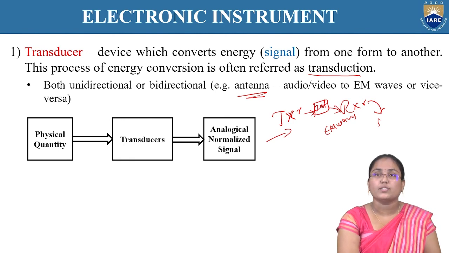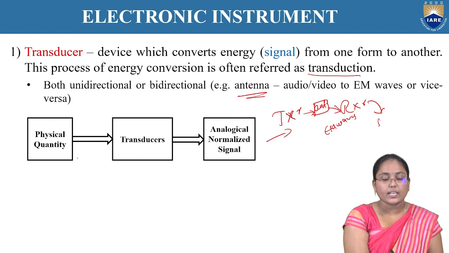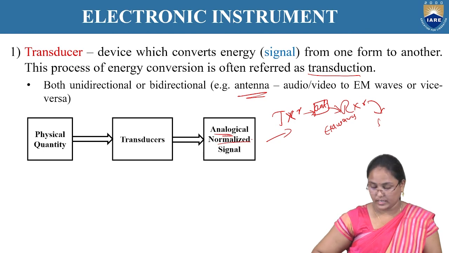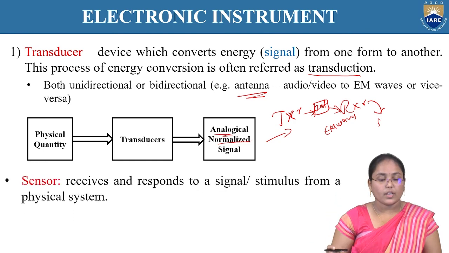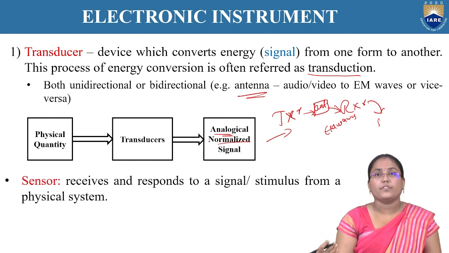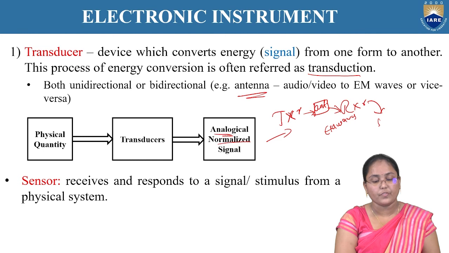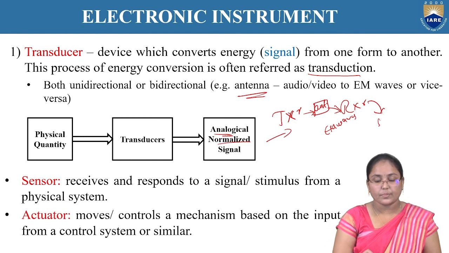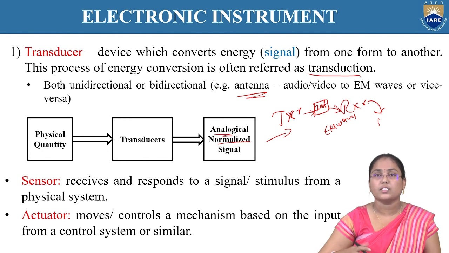In a transducer, a physical quantity is initially given to the transducer, which converts it into an analogical normalized signal. Here we have two types of transducer. We have sensors, which receive and respond to a signal or stimulus from a physical quantity, and the other one is the actuator, which moves or controls a mechanism based on the input from a control system or similar systems.